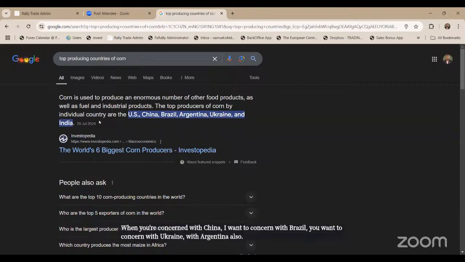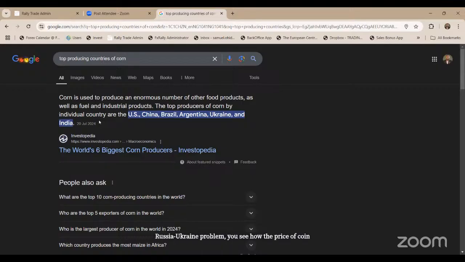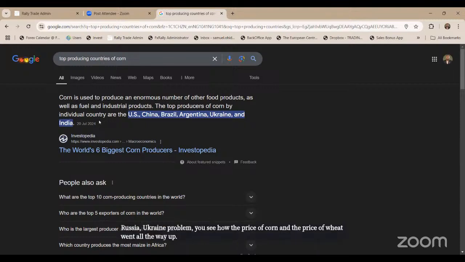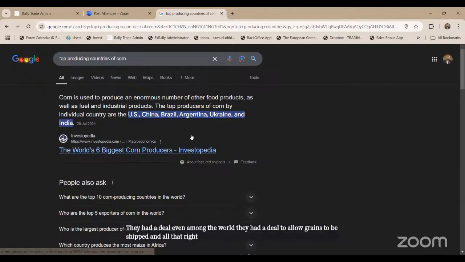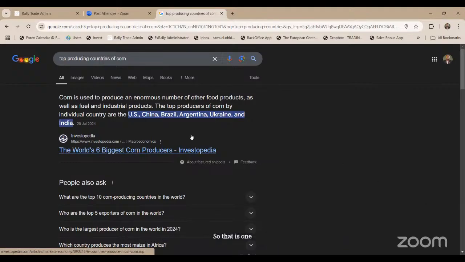That is why during the Russia-Ukraine problem, you see how the price of corn and the price of wheat went all the way up, until they had a deal, even among the world, a deal to allow grains to be shipped and all that, right? So if you're a corn trader, you need to understand that a lot of what happens to the price of corn is shaped by these six countries, because they are the biggest.